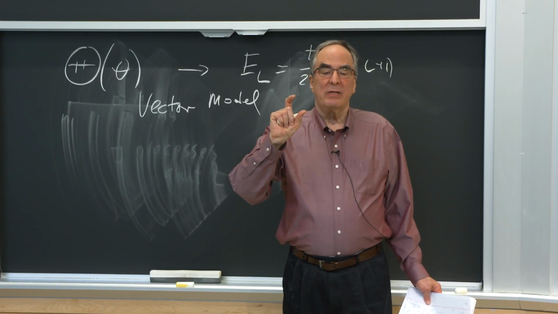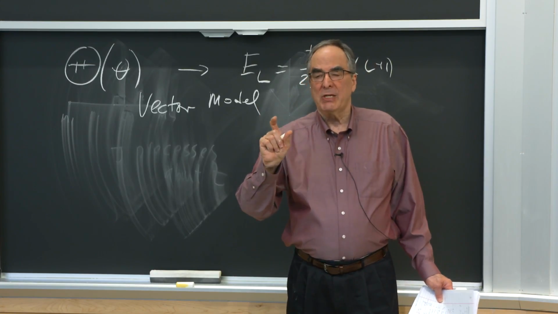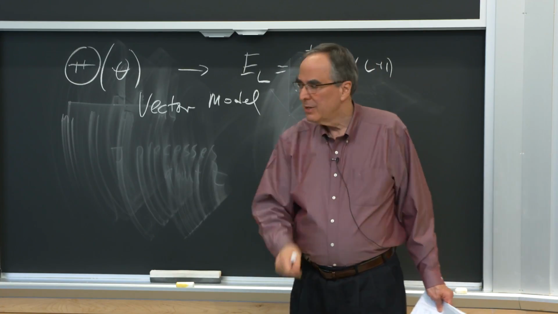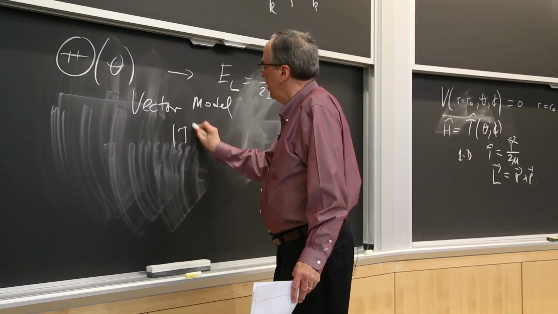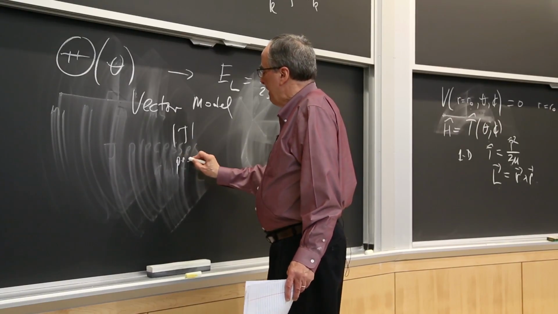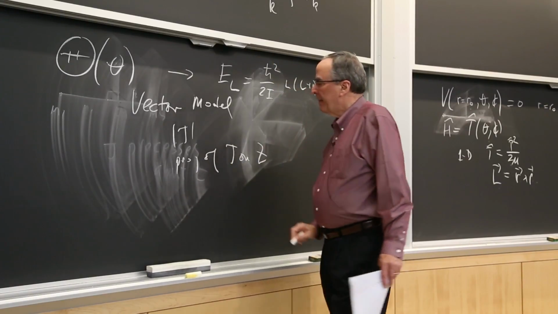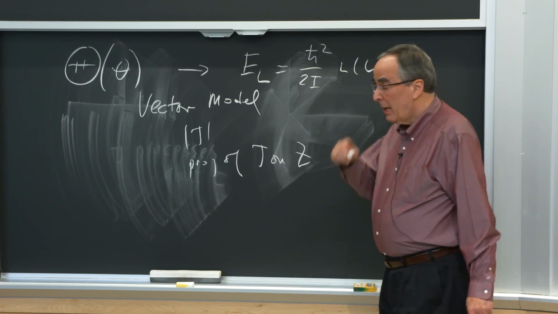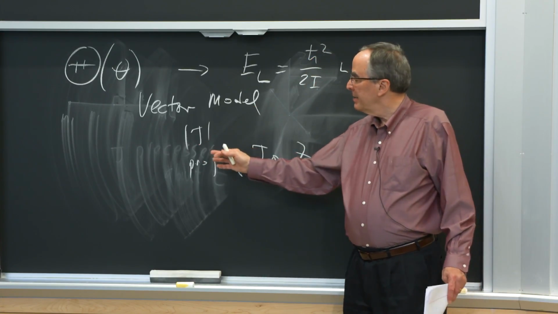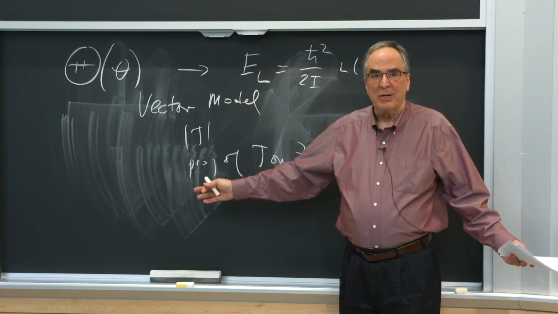And what is the angle and what is the projection of J on the body axis, on the laboratory Z-axis? So we want to know the length of J, and we want to know the projection of J on Z. Okay, and we want to know the angle between the Z-axis and J. That's the beginning of a picture.